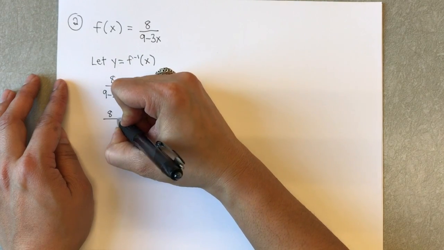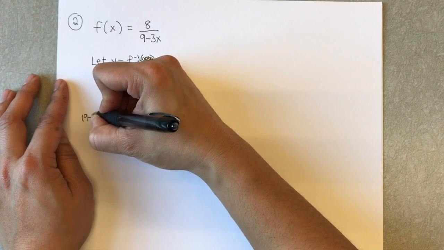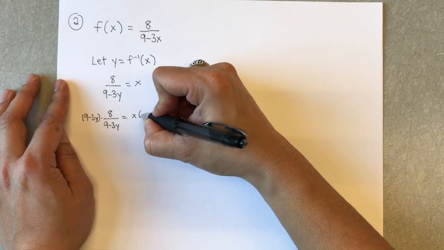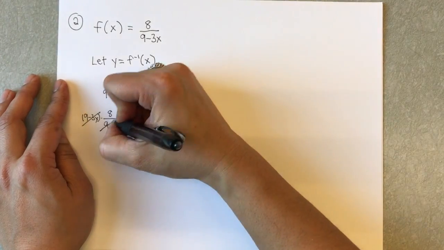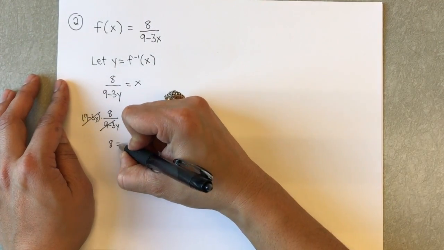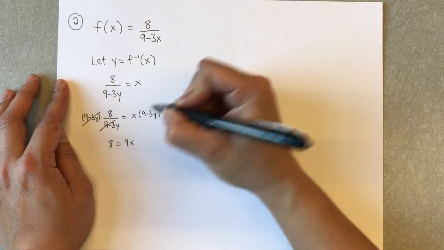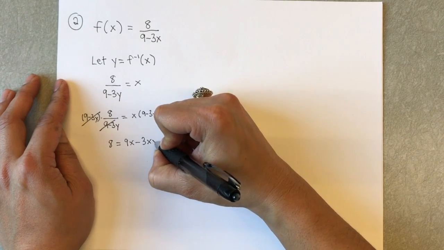And do that by isolating using various operations. So here, multiplying everything by that denominator, 9 minus 3y. So 8 will equal 9x minus 3xy.